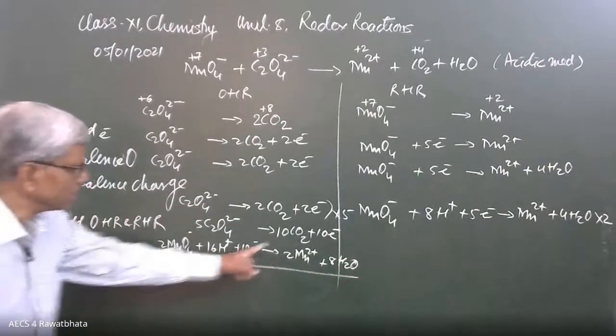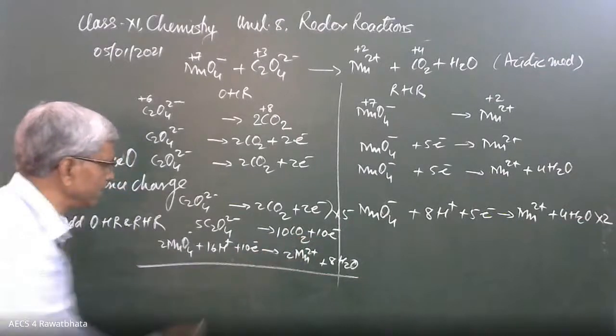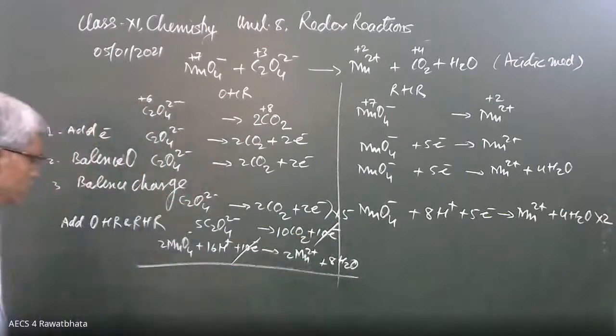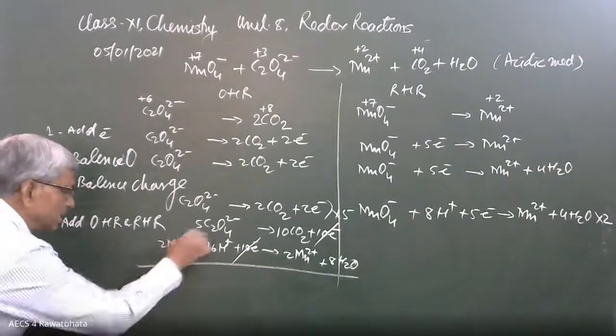While adding, electron check once again, 10 electrons cancelled. Okay, beta? Then anyone can be written first.